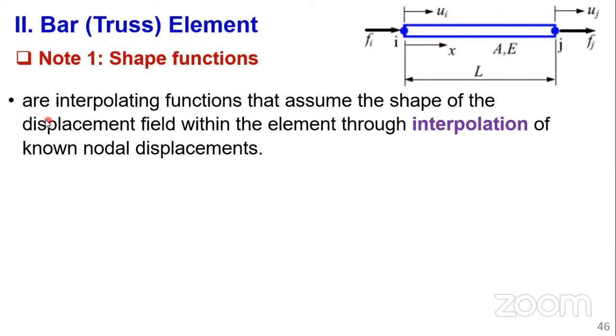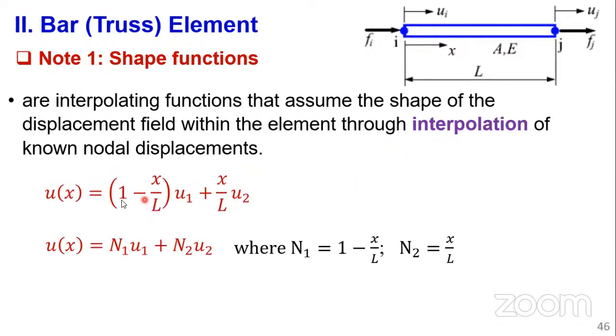Okay. Now, for this, we are saying these shape functions are interpolating functions that assume the shape of the displacement field. So look at this expression. This is the displacement field, the shape of the displacement field that we defined. But as you can see, ux is a function. Of course, we have u1, which is known at node 1 and node 2.